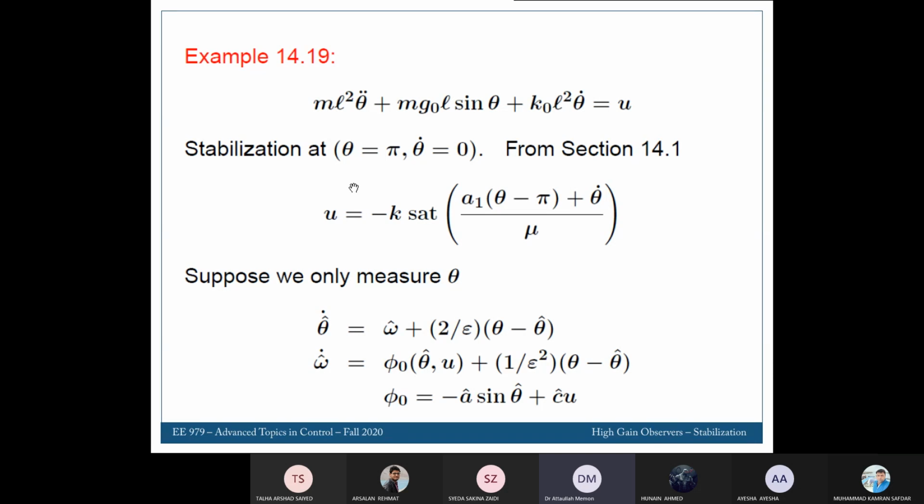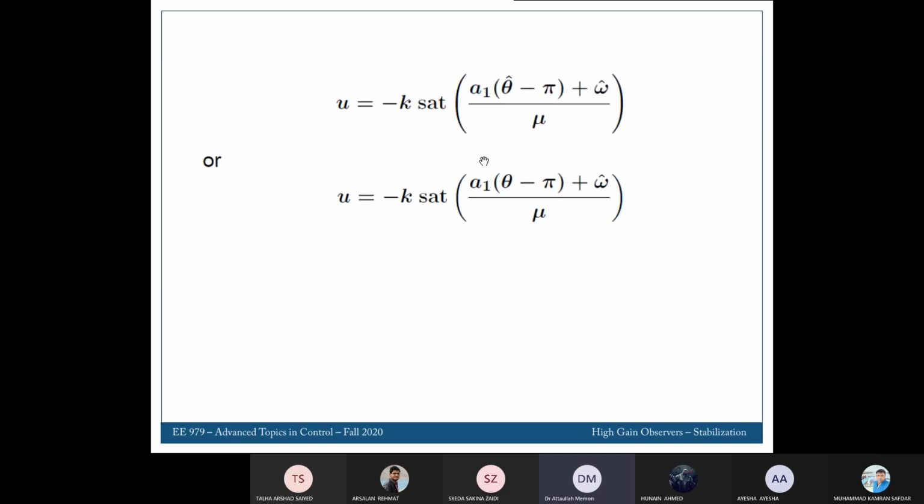So from the state feedback control, you can go to the output feedback control by only using the second state over here or both of them. So these are two choices you have. You can use the estimate here and the estimate here, or, because you are measuring theta anyway, you can use the actual measurement value and the estimate value. So this is up to your choice.